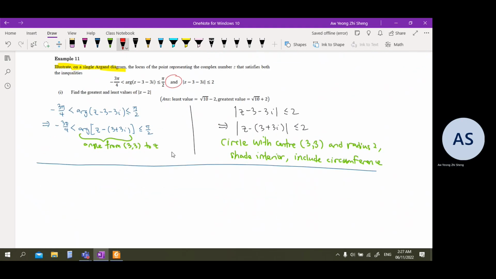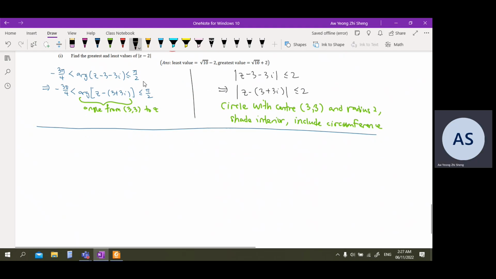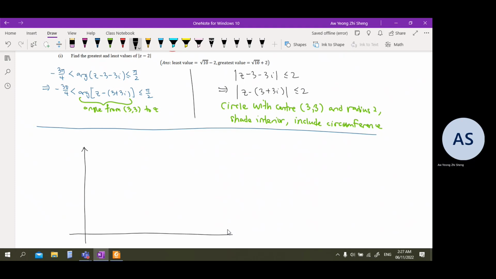Okay, now let's draw the diagram. When you are drawing on paper, please use your ruler to measure so that your diagram is accurate.